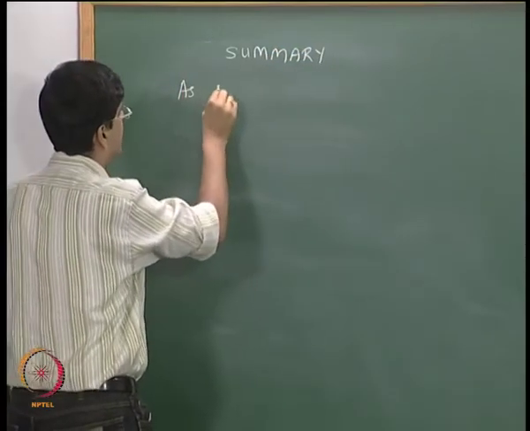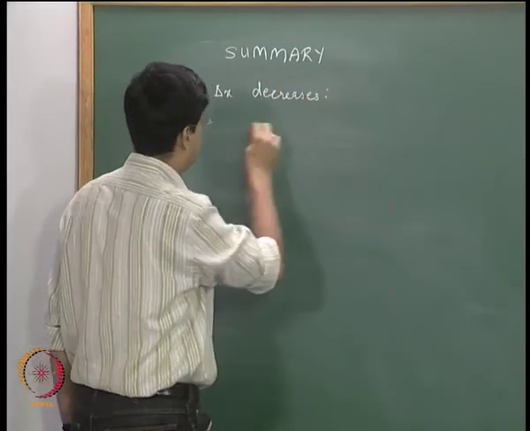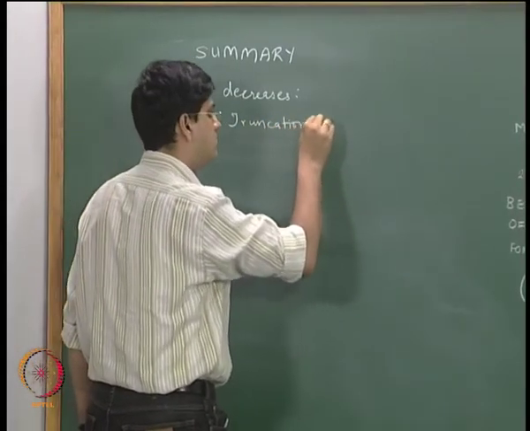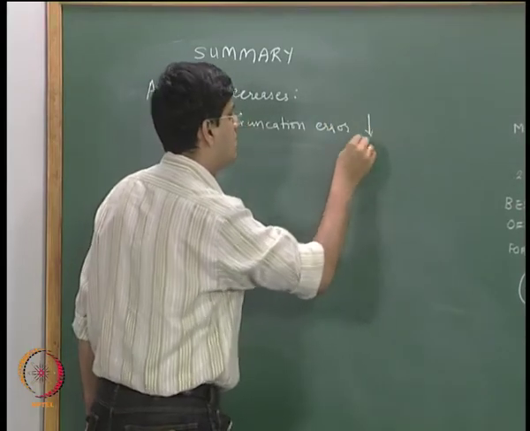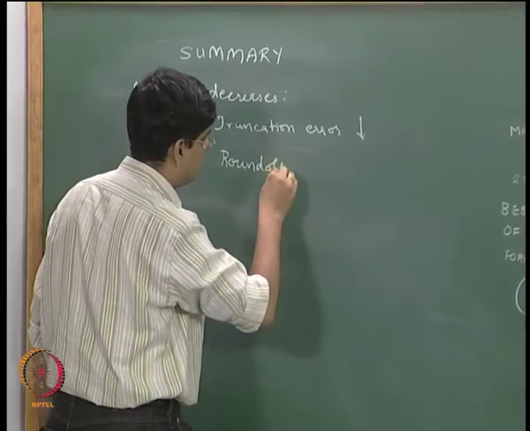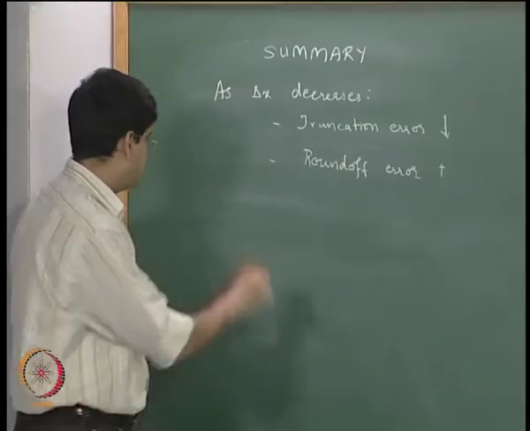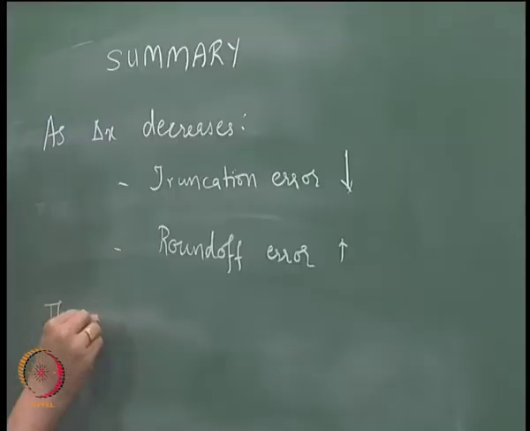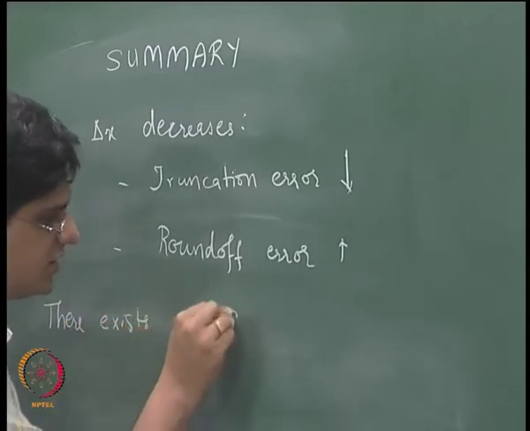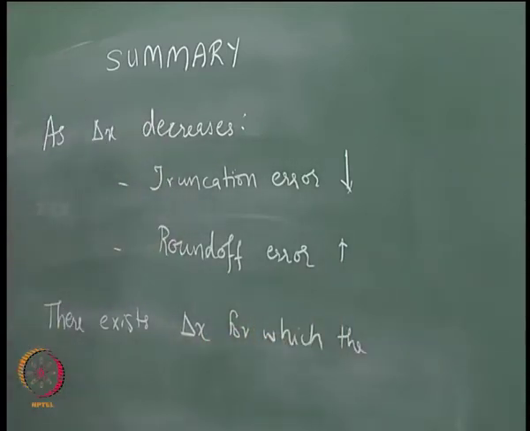So, as delta x decreases, truncation error decreases, and round off error increases. Okay. So, there exists a delta x for which the total error is minimum.